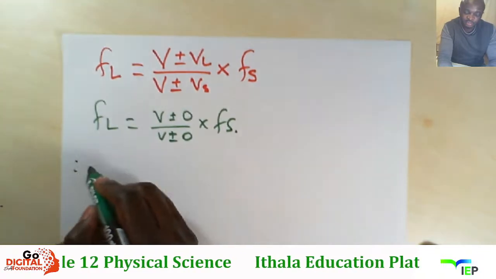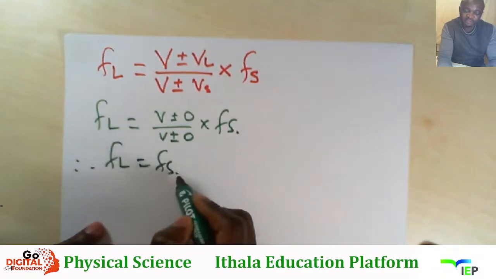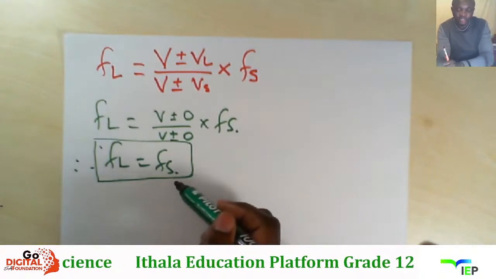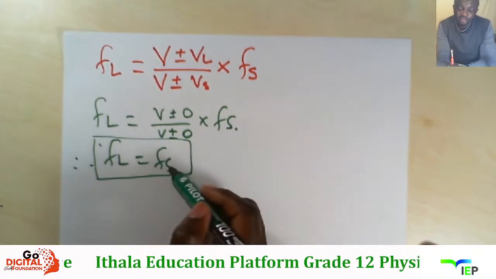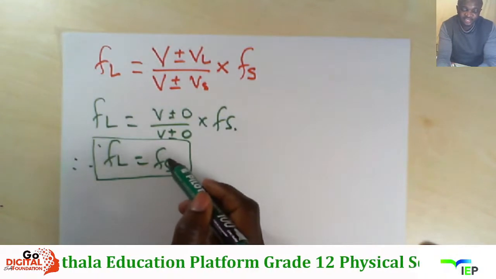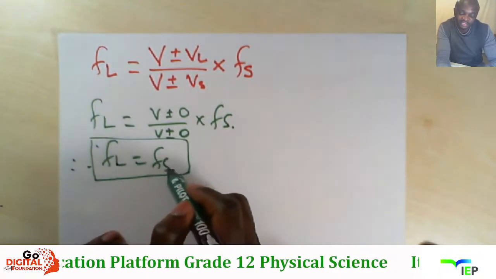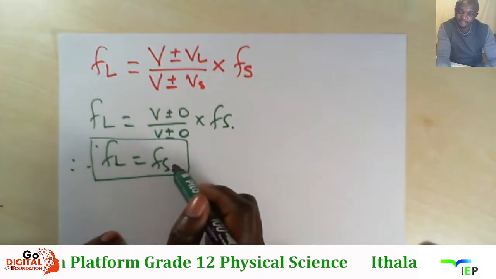So at the end we find that FL is equal to Fs when they are not moving. When the source of the sound and the listener are not moving, the frequency of the listener is equal to the frequency of the sound, right?